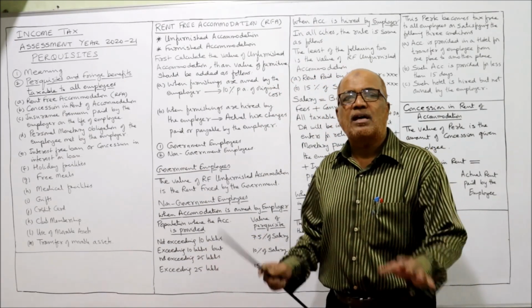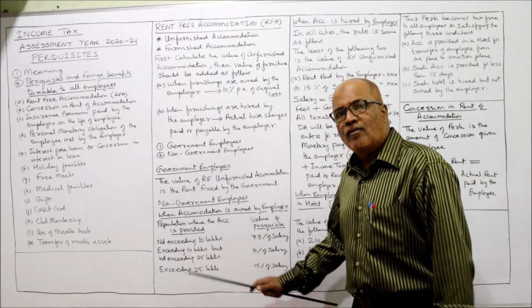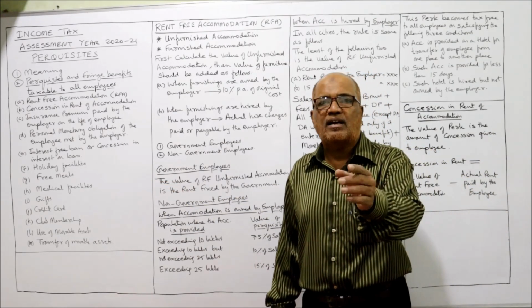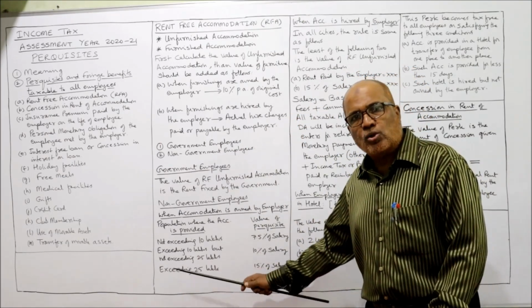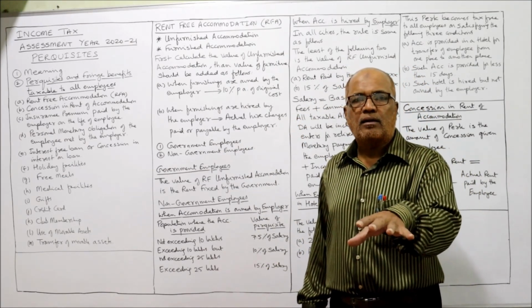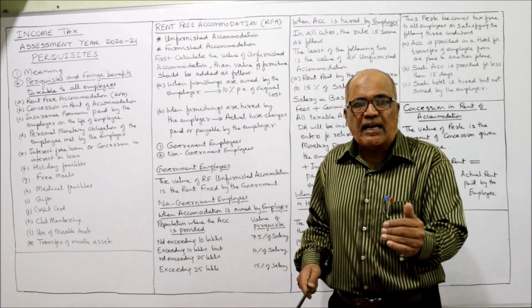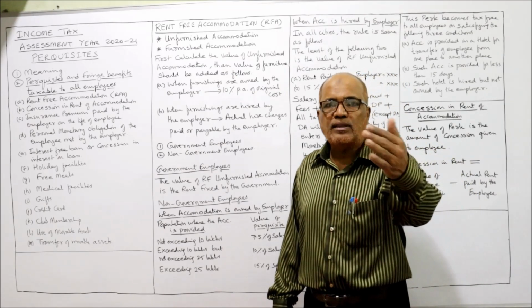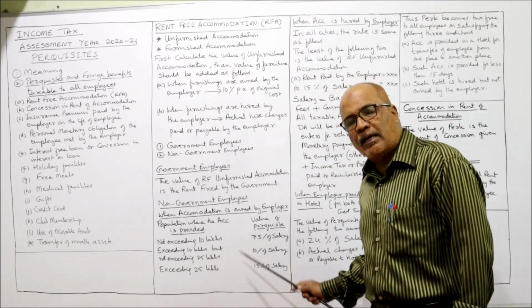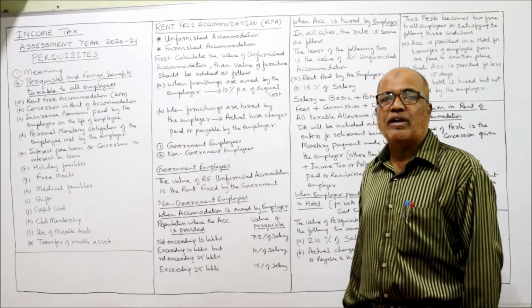For government employees, rent fixed by the government is the value of the unfurnished accommodation, finished. For non-government employees, we have to see whether the accommodation is owned by the employer or hired. If it is owned by the employer, then we have to see the city. If it's a small city, up to 10 lakh, 7.5% of salary. More than 10 lakh, up to 25 lakh, 10% of salary. More than 25 lakh population, 15% of salary.